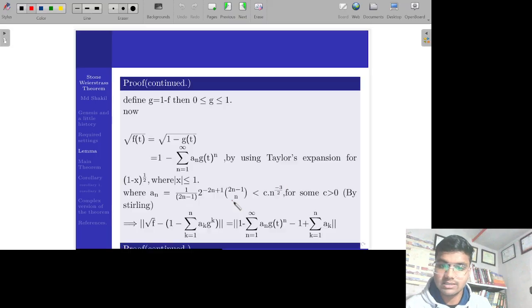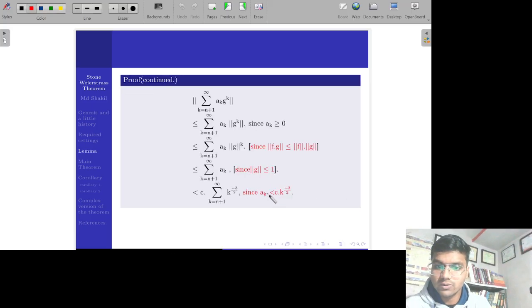Why? Because we saw that a n is strictly less than c times n to the power minus 3 by 2. So in place of a k, we can take its larger value c times k raised to the power minus 3 by 2. So this becomes a strict inequality.